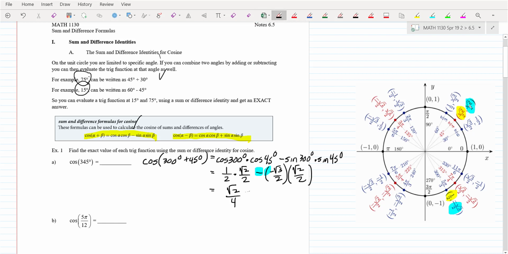That would just give you a positive number, and then you would have square root of 6 over 4. When you put this together, you already have a common denominator. So the answer we'll write as square root of 2 plus square root of 6, all over 4. That's it. That's the exact answer of the problem.